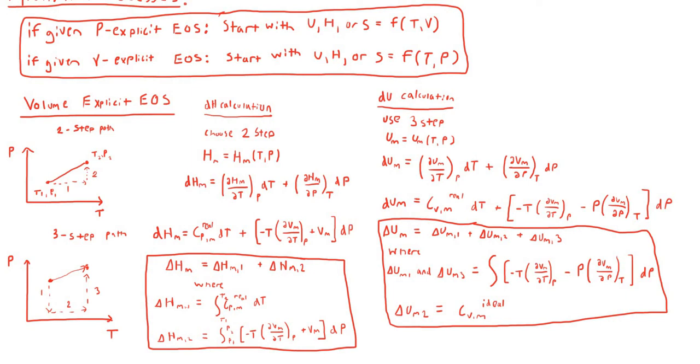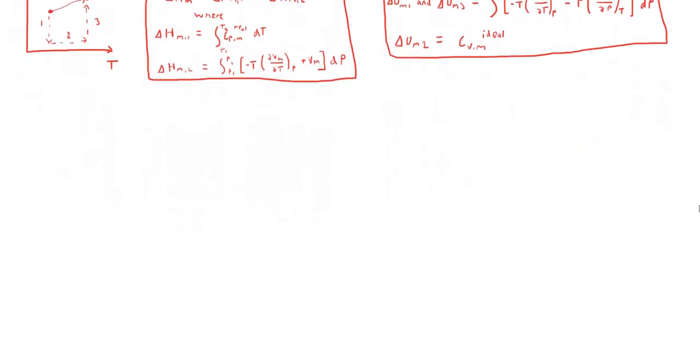This is everything for a volume explicit equation of state, and now I'm going to do the same for a pressure explicit equation of state. I'm not going to go through each step, but I'm basically going to summarize the three changes for a dH, a dU, or a dS calculation like before.